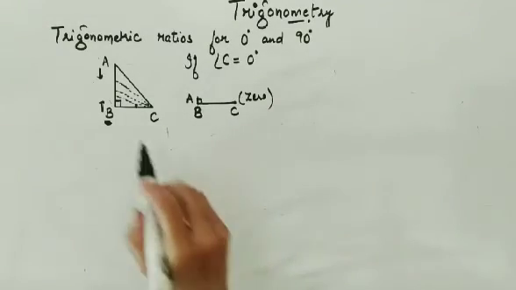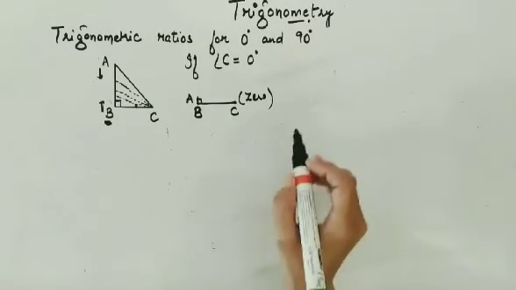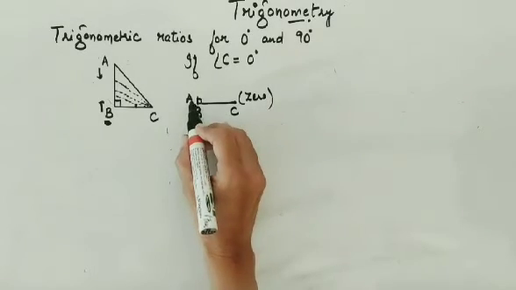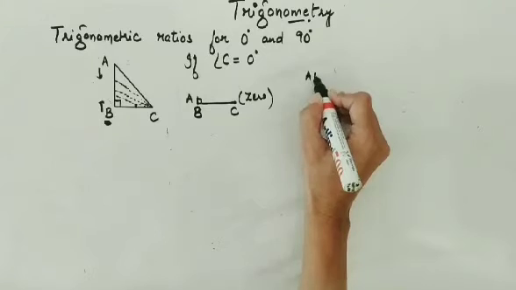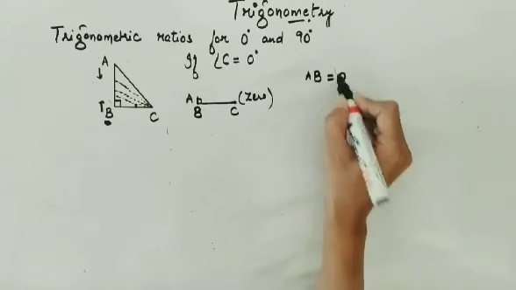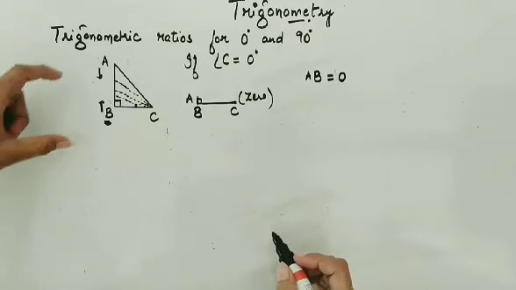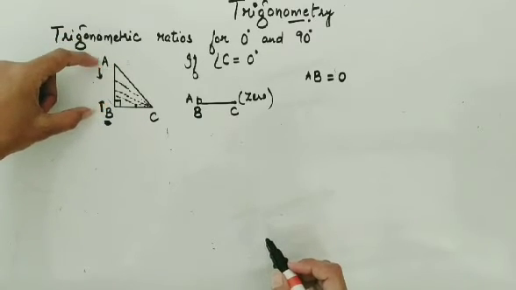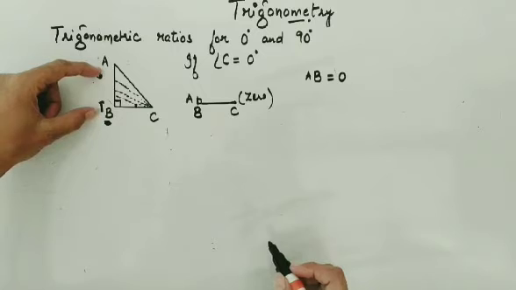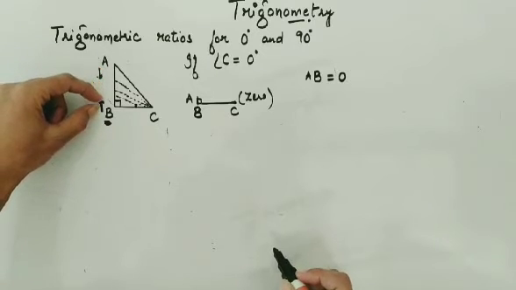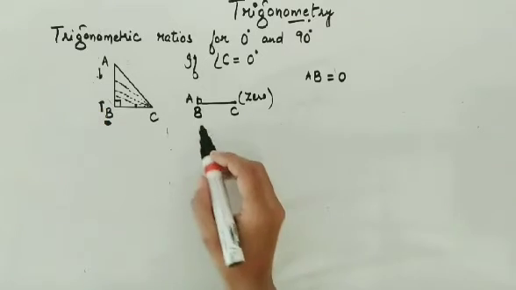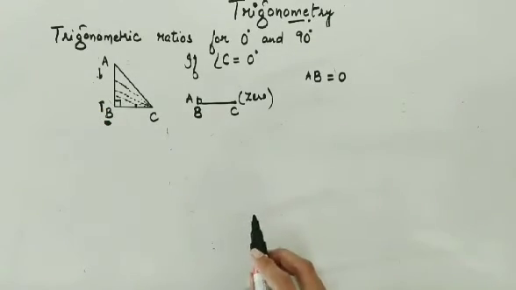What has happened to the sides of the triangle? Side AB has almost finished. Why? Because this was the measurement for AB. It had a certain length, but A had to compress and it came down. The point A overlapped with B. So AB has become 0.